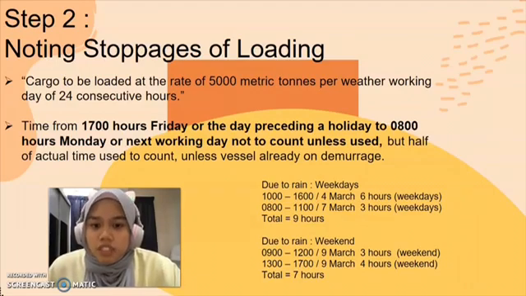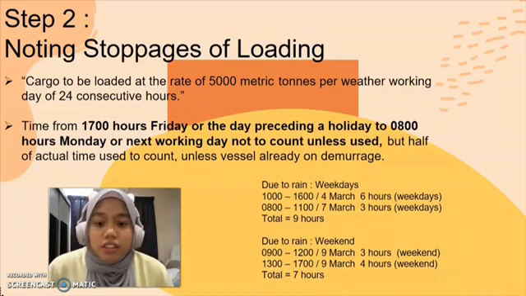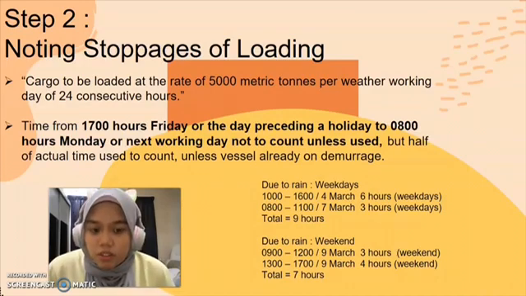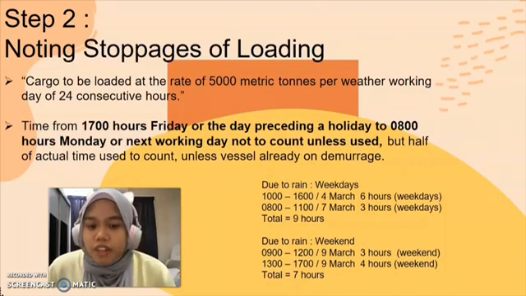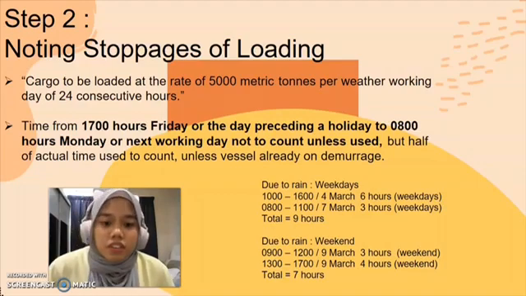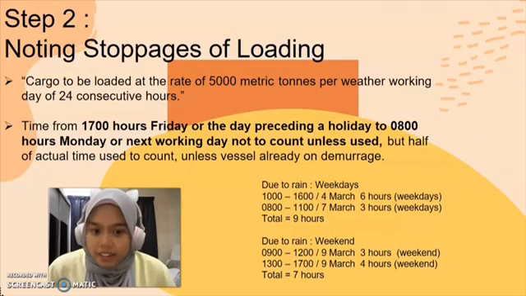The total due to rain on weekdays is 9 hours. Then we calculate due to rain on the weekend. On 9 March, from 0900 hours to 1200 hours and 1300 hours to 1700 hours, they stopped loading for 3 hours and 4 hours. It takes 7 hours on the weekend.